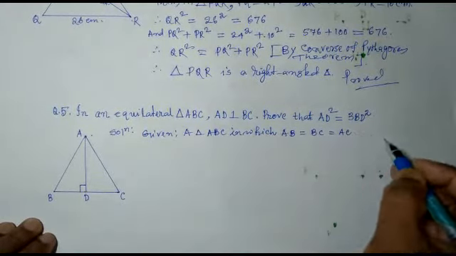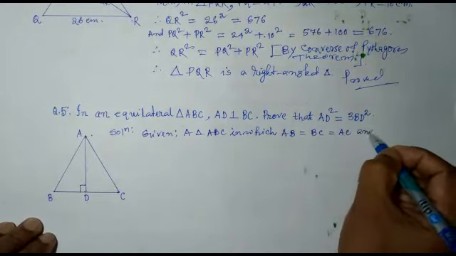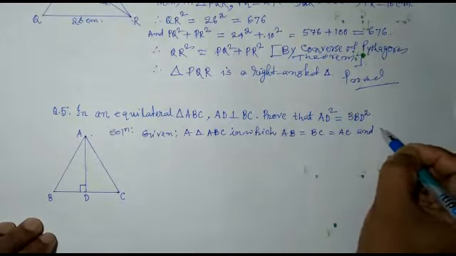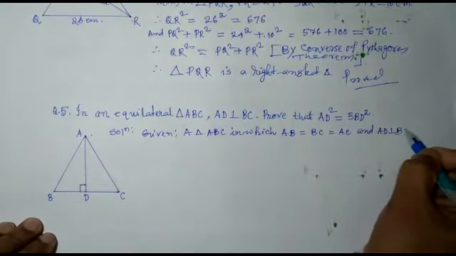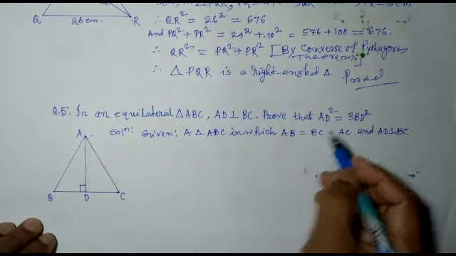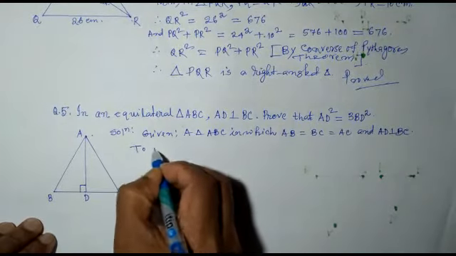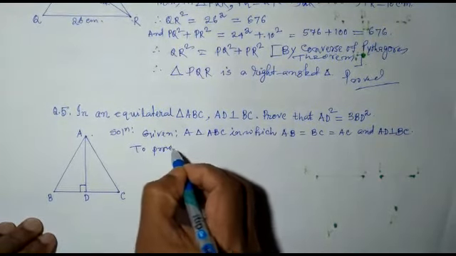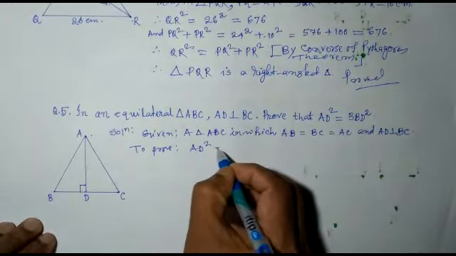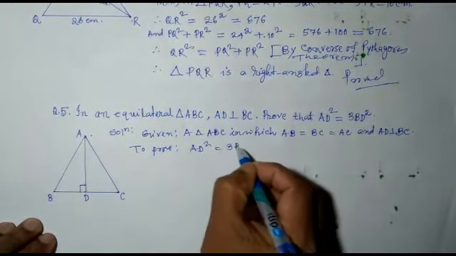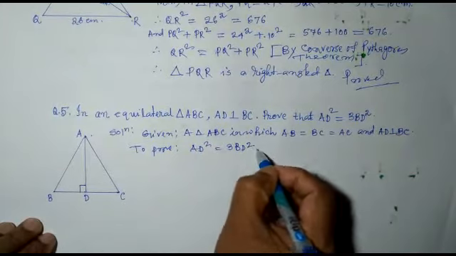All the three sides are equal. And also AD is perpendicular to BC. This is given. So we have to prove this. So you can write, to prove: AD square is equal to 3 BD square. This we have to prove.